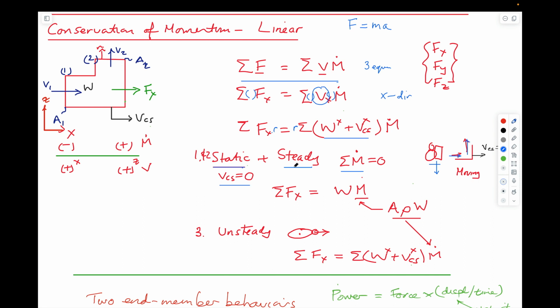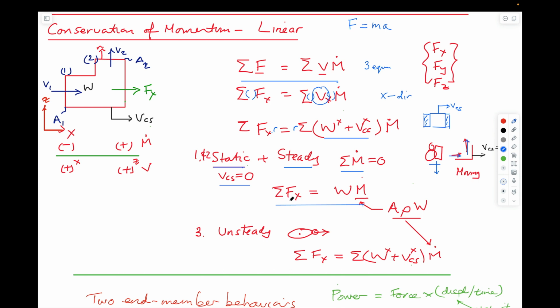And if that's indeed the case, you can actually get rid of this term, because as the control surface moves at some velocity VCS, it sweeps out a velocity which is the same on the upstream side as it is on the downstream side. So these velocities actually cancel out from each other. So for a steady problem, this is equal to 0, and therefore you're left with this relationship here, where you've just set this equal to 0, and you're left only with the relative velocity term.